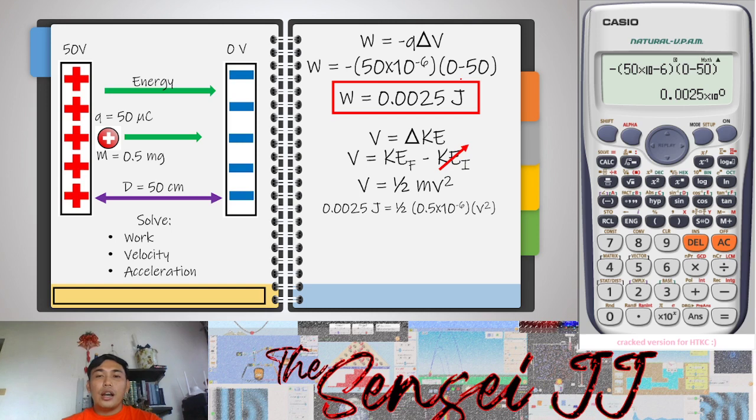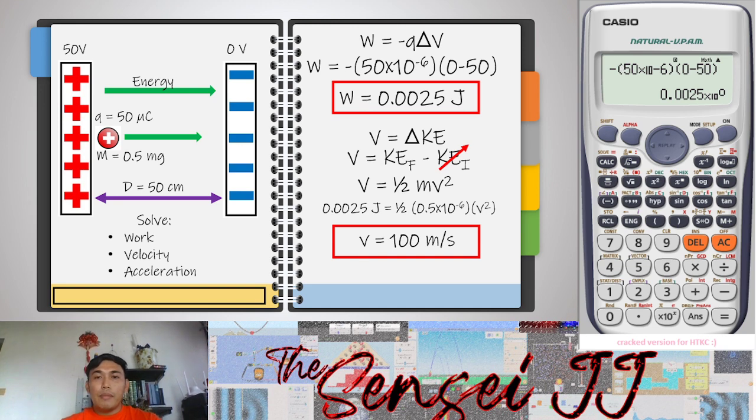We have 0.0025 joules is equivalent to one half times 0.5 times 10 raised to negative 6 V squared. So in this case, we can get the answer of our velocity of 100 meters per second.